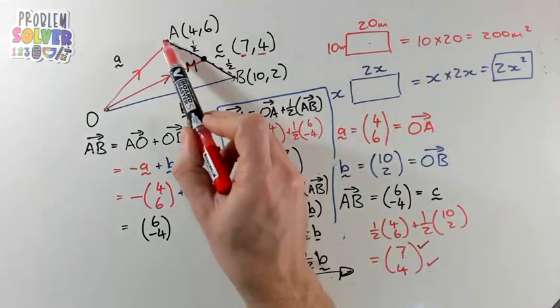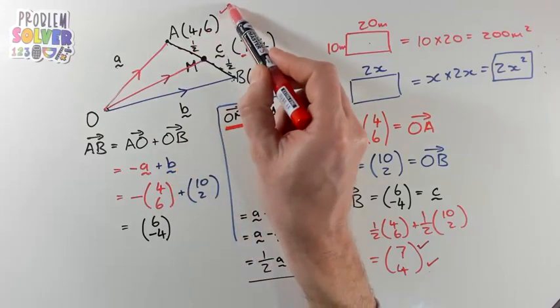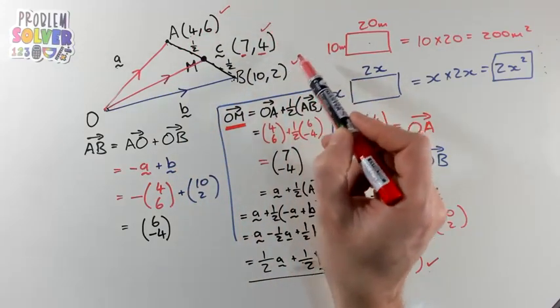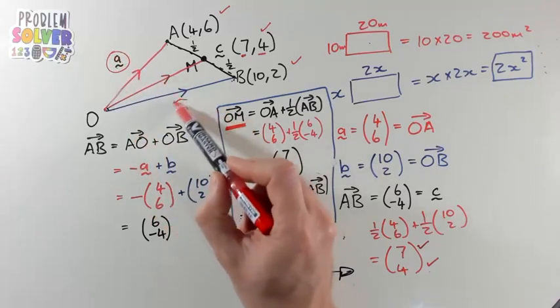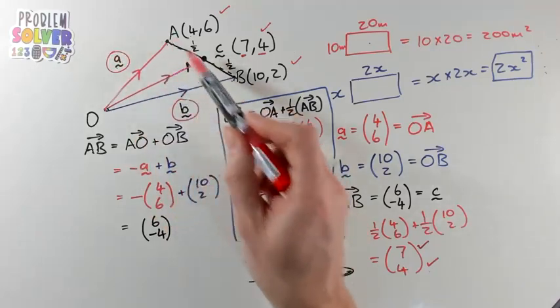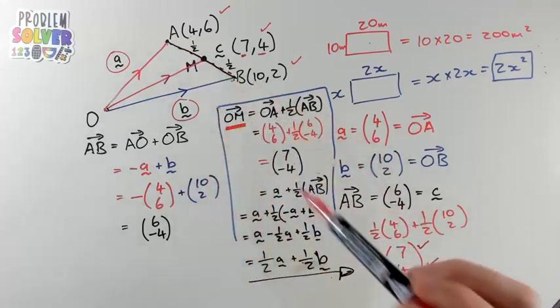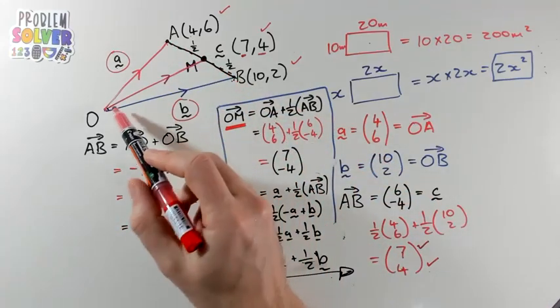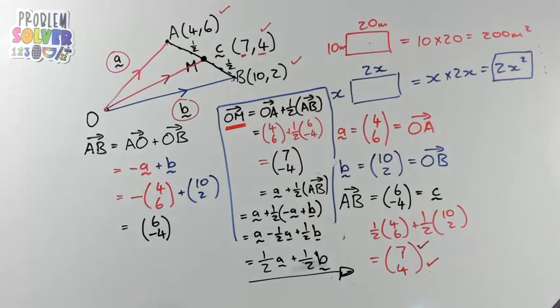That's why we're following different routes, because we don't have that or that or that. We actually only have these little vector things, and we know that by combining them in certain ways we can find different routes and express a different route in terms of A or B. I hope that makes sense.